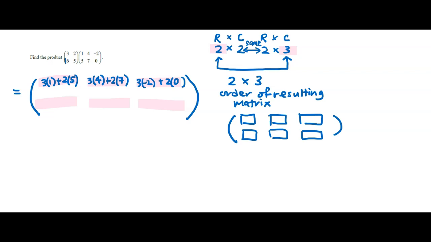So I'm going to proceed to the second row, and as I would expect, 6 is going to be multiplied to something plus 5. Maybe I should give myself a bit more space. 5 is going to be multiplied to something as well. This second row is still going to be multiplied to the first column.